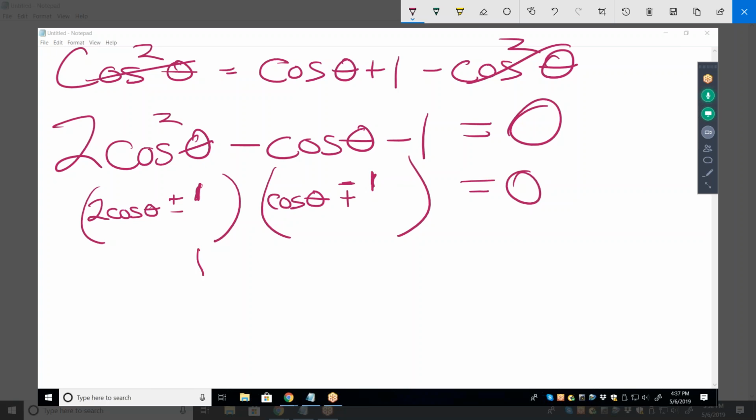What does this produce in the middle? Cosine theta. On the outside? Outside is a negative 1. Oh, negative 2 cosine theta.